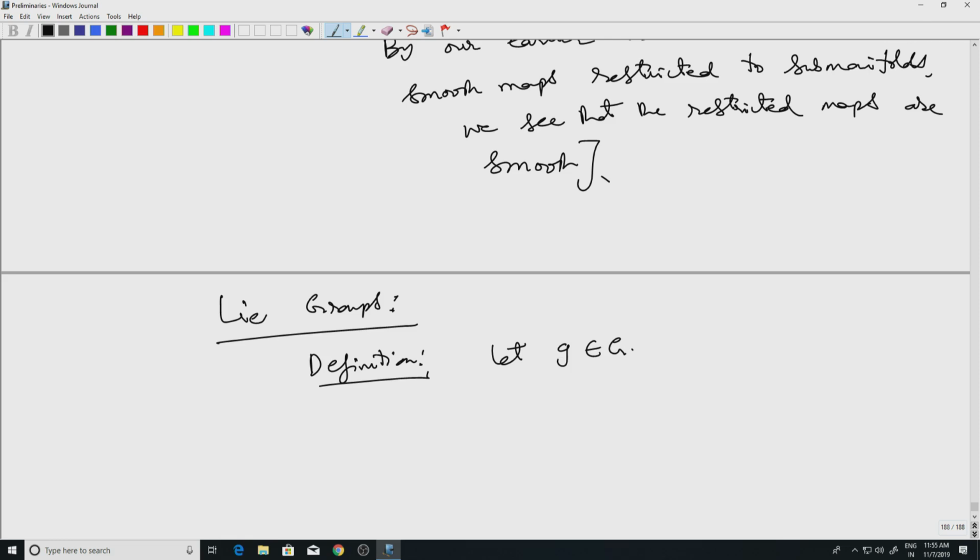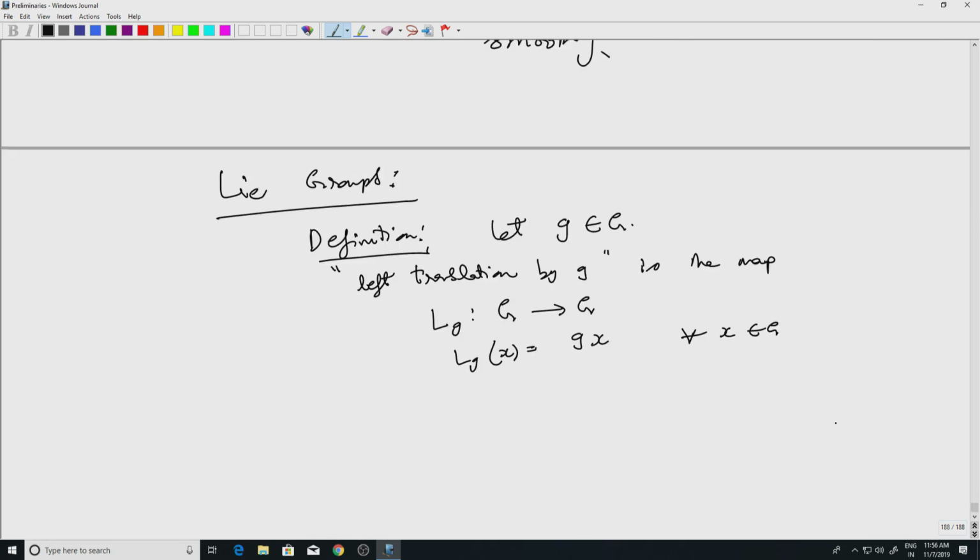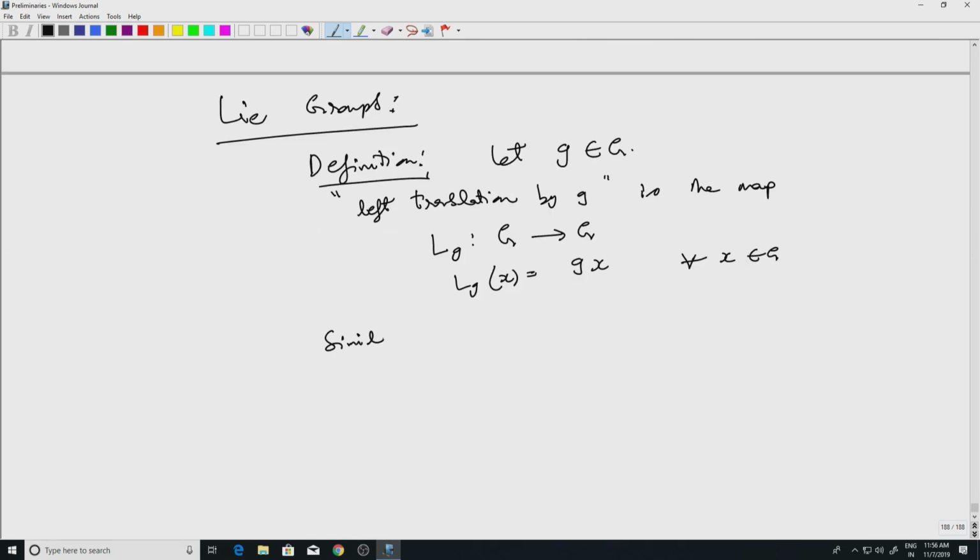Corresponding to this, I define left translation by g, which is the map L_g from G to G given by L_g(x) = gx for all x in G. Similarly, R_g is the right translation by g.